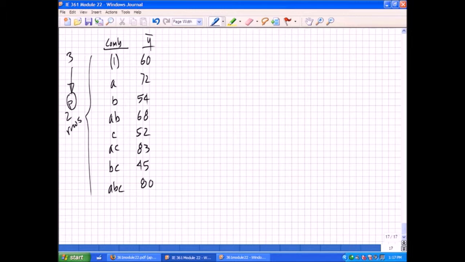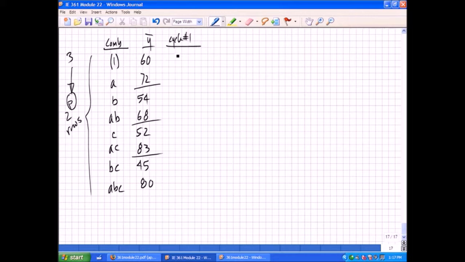The Yates algorithm proceeds by making several cycles of additions and subtractions of values in columns in pairs. So I'll bust these guys up into pairs, and for cycle number 1, I will add in pairs first.